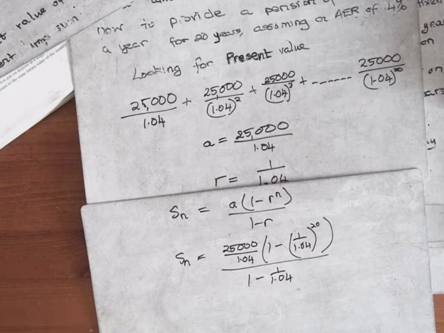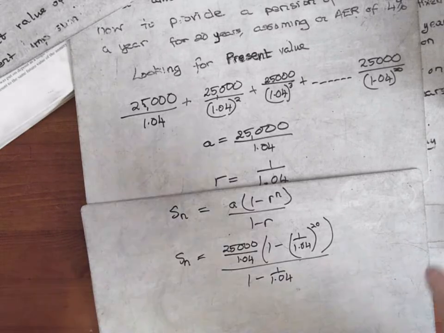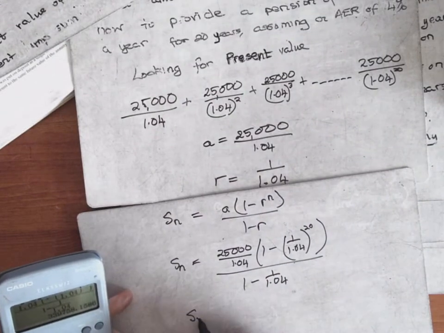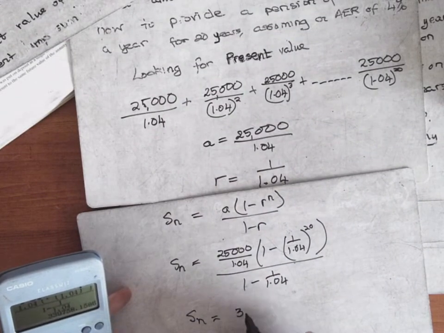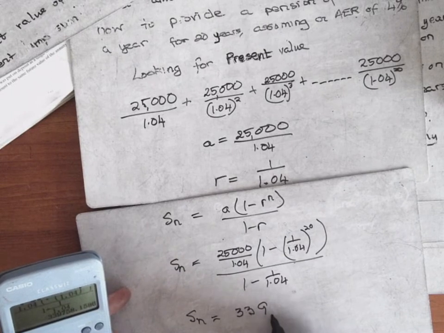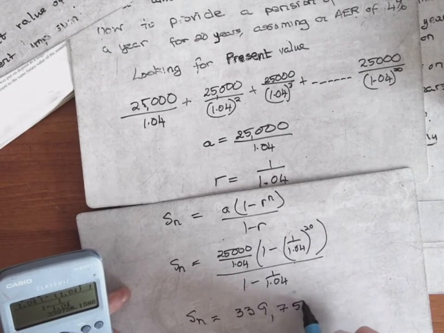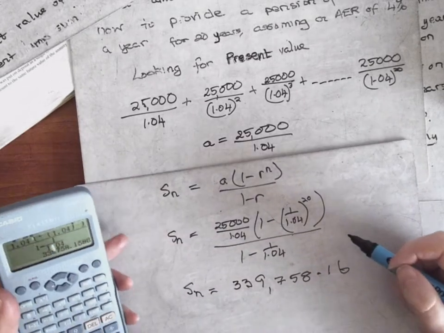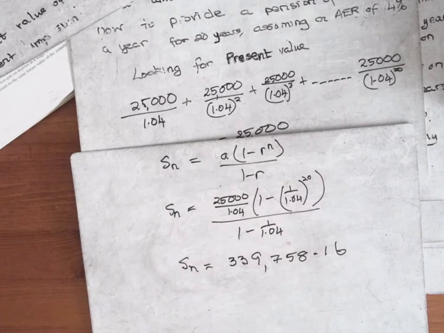I don't know what I'm doing here. 1 minus 1 all over 1.04 equals... Right, I need to have in my pension account when I turn 65, 339,758 euros and 16 cents in my account. Okay? Does that make sense to everyone? Not really, probably.